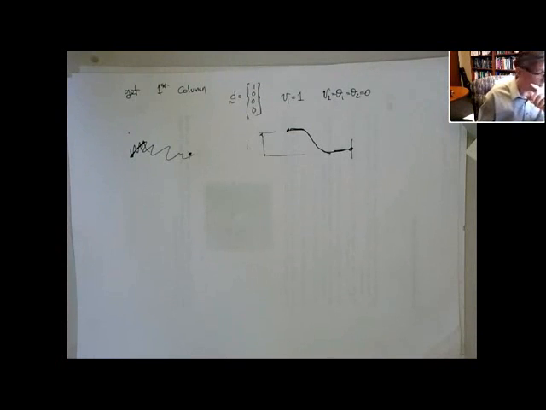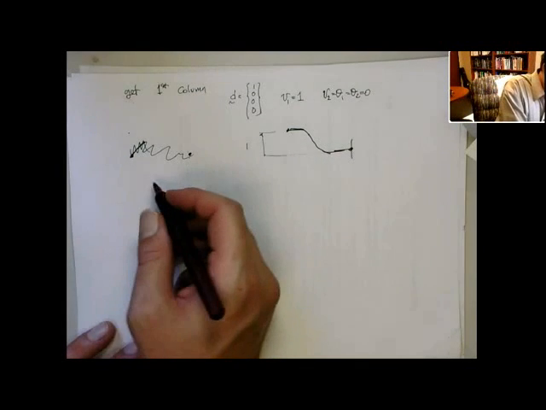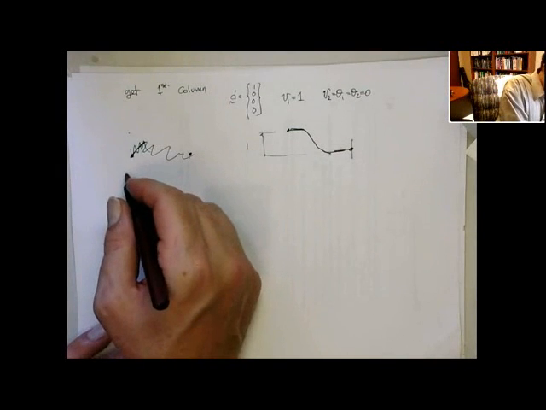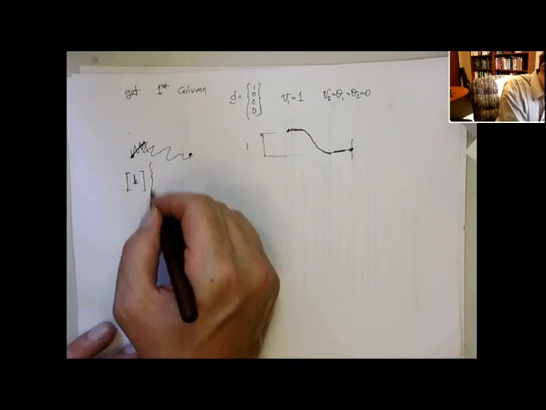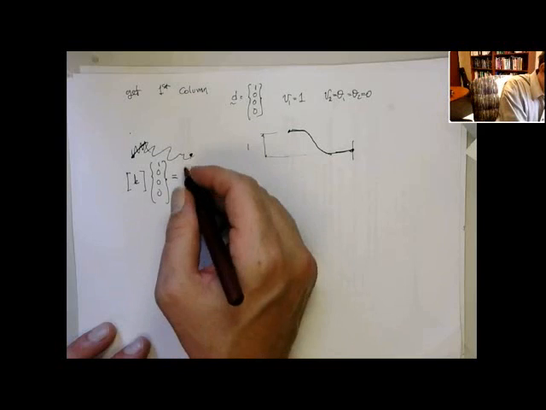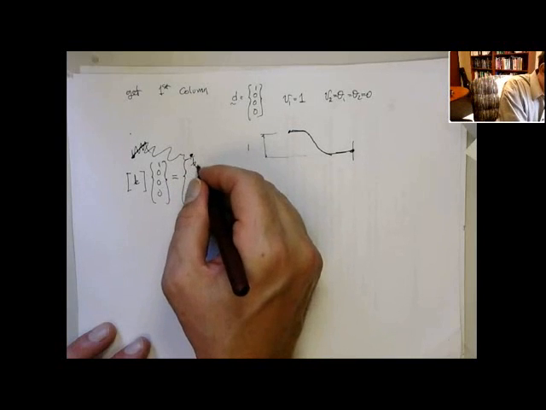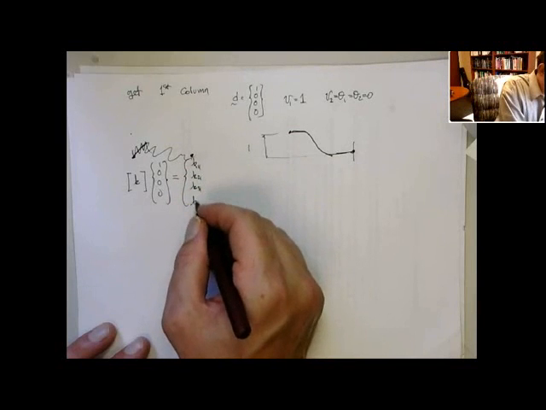Now, if you look at this, and we multiply this by the stiffness matrix. So if we take K and multiply it by 1, 0, 0, 0, that is just simply going to give us the first column, which is K11, K21, K31, and K41.